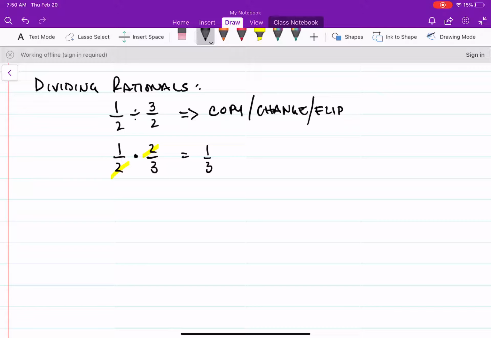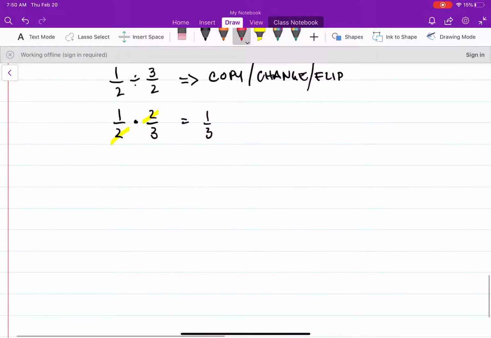However, when you flip, you're going to have a brand new denominator. So we're going to have to put in a couple more steps here just so that we have it. So step one. Okay, let me do this.